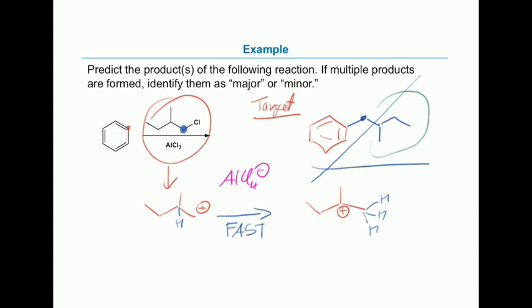So it's a 1,2 hydride shift, effectively. The molecule will rearrange to give you this stabilized carbocation, again, because the Lewis acid we've applied here still is powerful enough to make it. It's just that the intermediate that you've generated is not stable enough to be retained for the reaction.